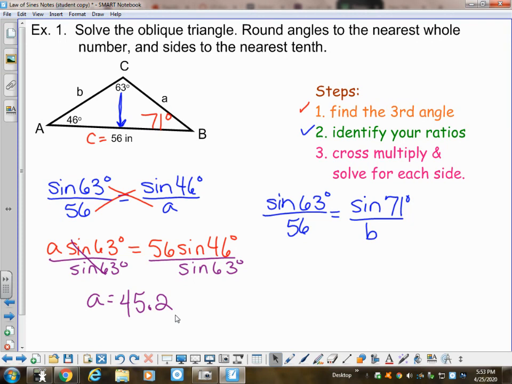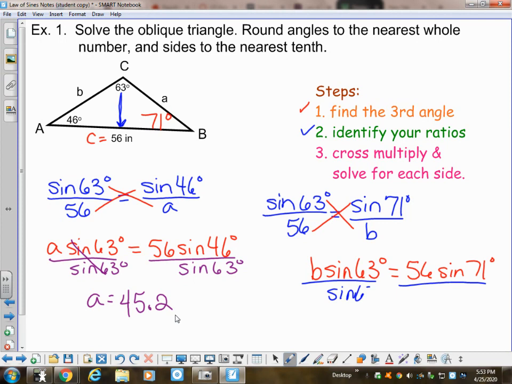Okay, now I'm going to crisscross or cross multiply my next one. Little b times sine of 63 equals 56 times sine of 71 degrees. And now I divide by sine of 63 to get little b by himself. Just doing a little algebra here.